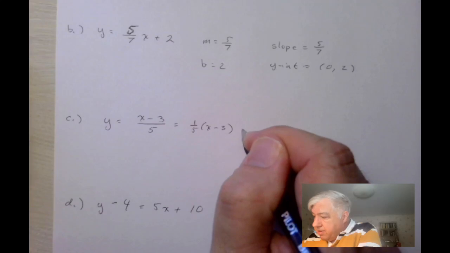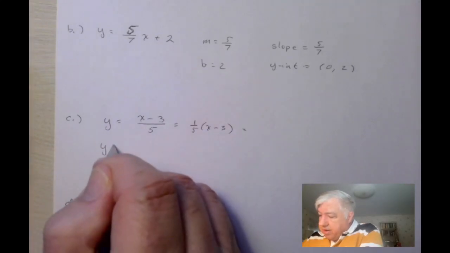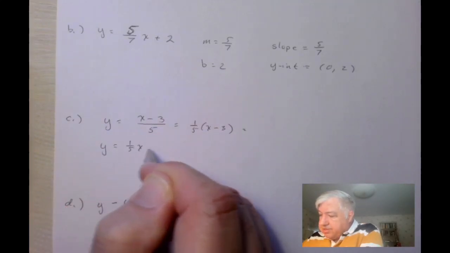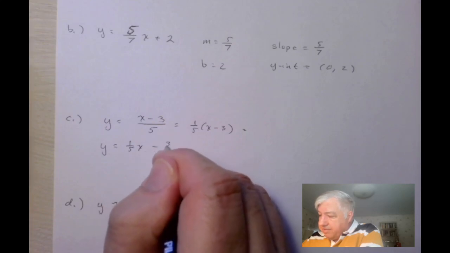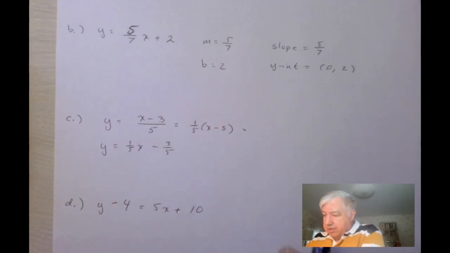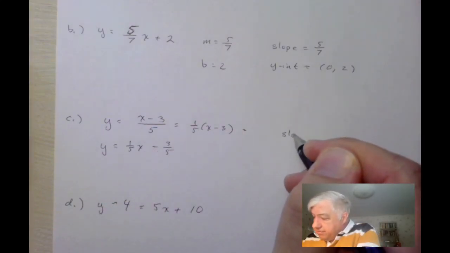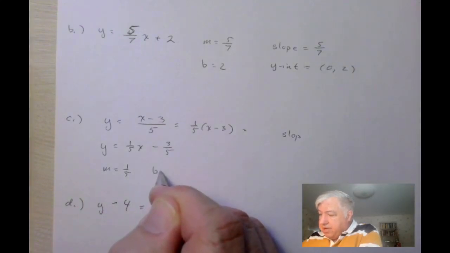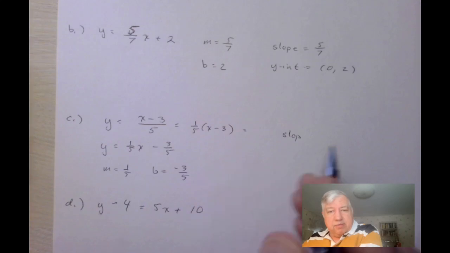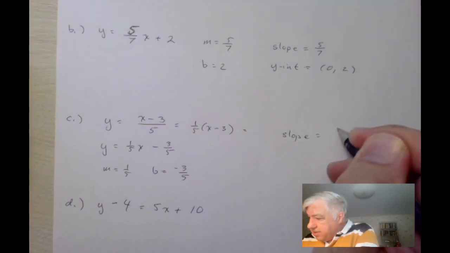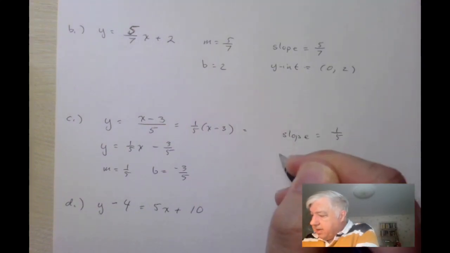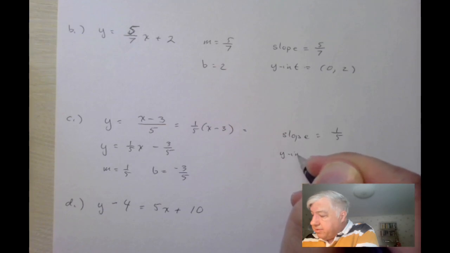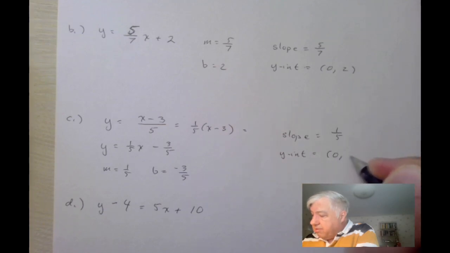And if we distribute, we get y equals 1/5 x minus 3/5. So our slope, we can see the m will be 1/5 and b will be -3/5, right? So our slope is 1/5 and our y-intercept will be (0, -3/5).